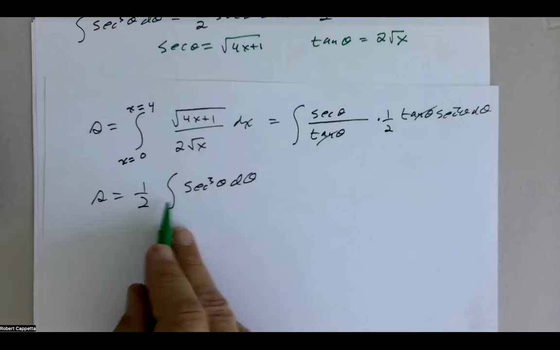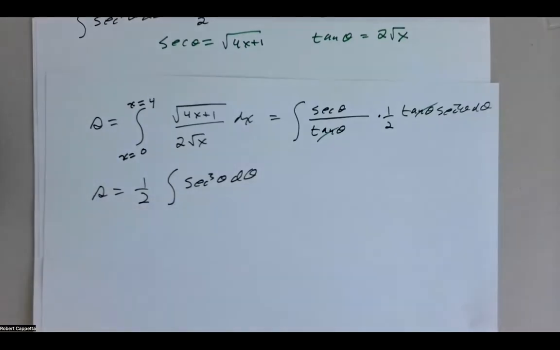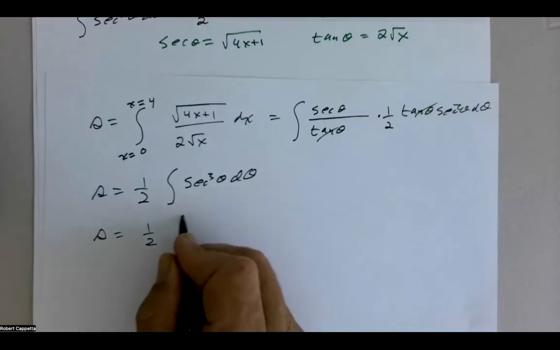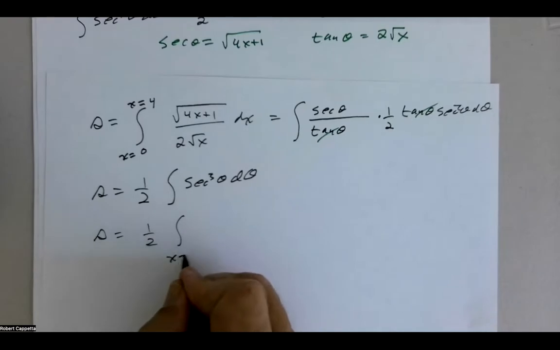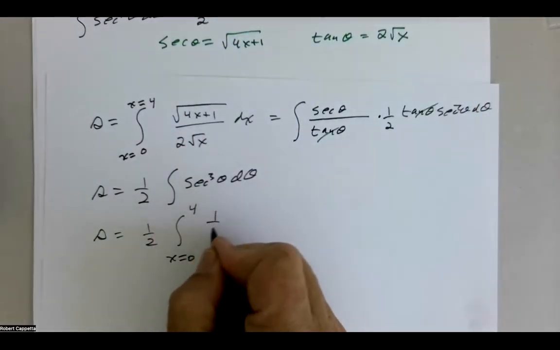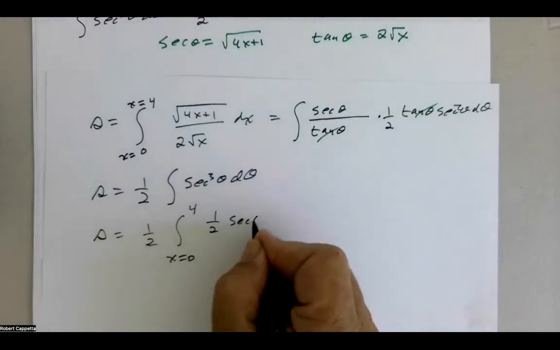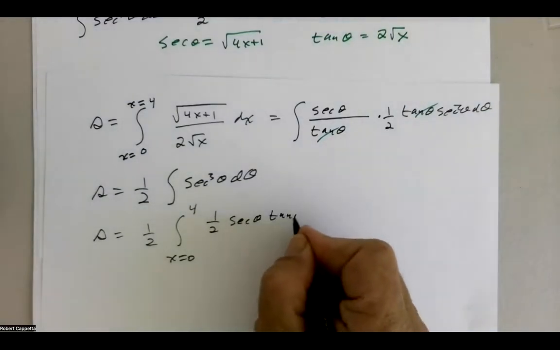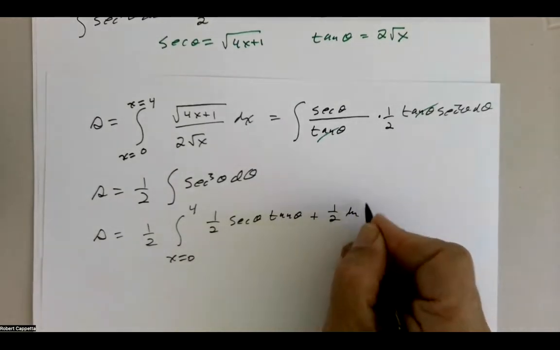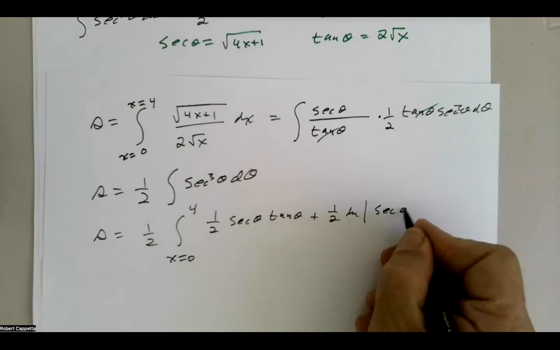So now we could plug that in and say S is 1/2 times... Again, we know x goes from 0 to 4, so we're going to have x's. I'll just quickly write this version down: 1/2 sec theta tan theta plus 1/2 log sec theta plus tan theta.